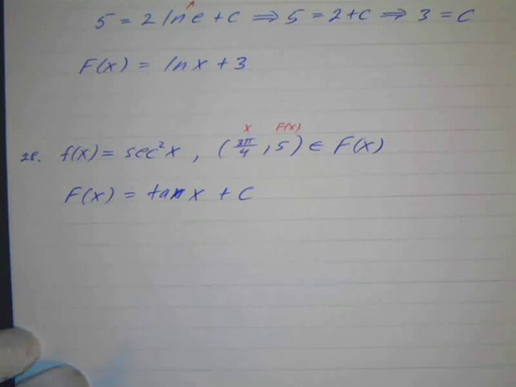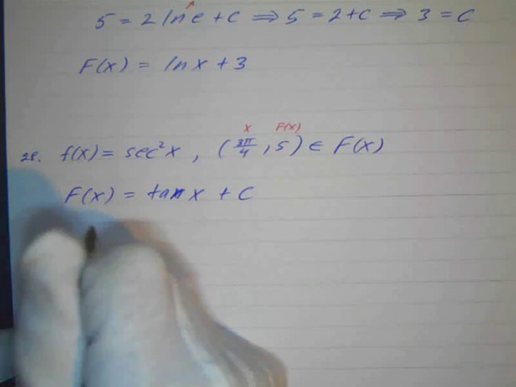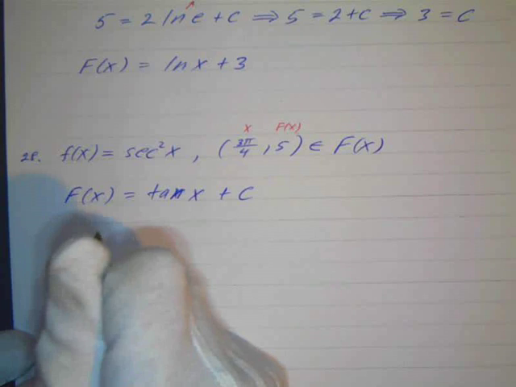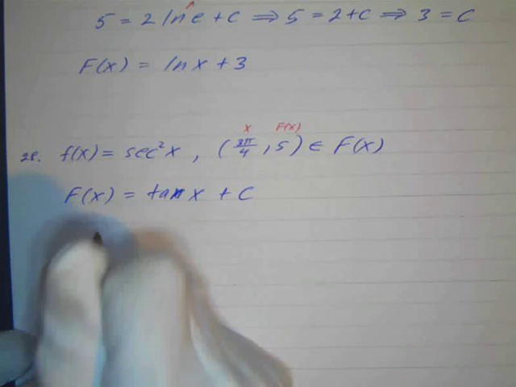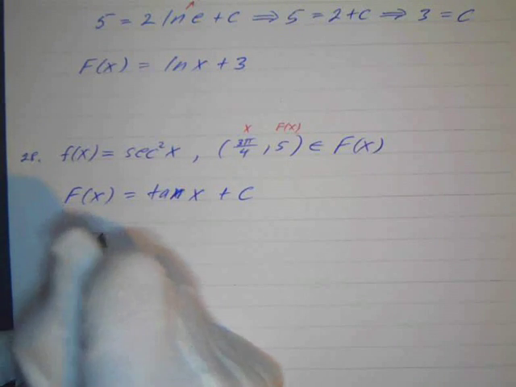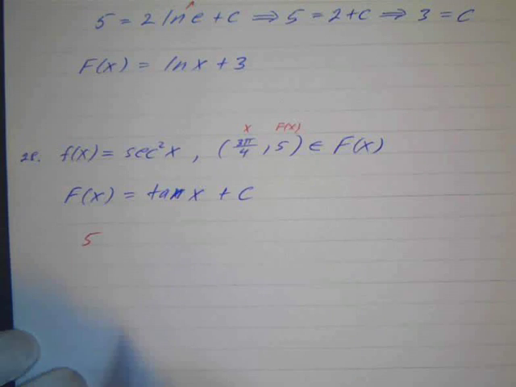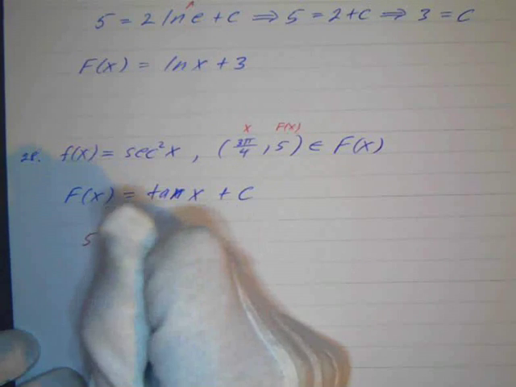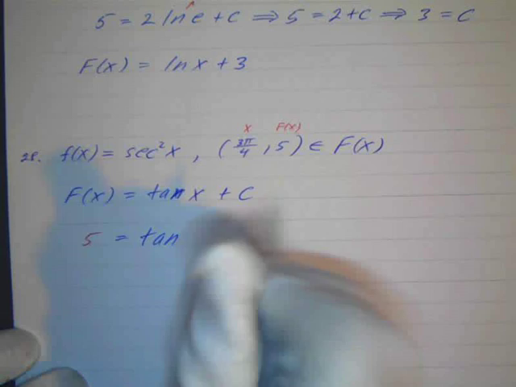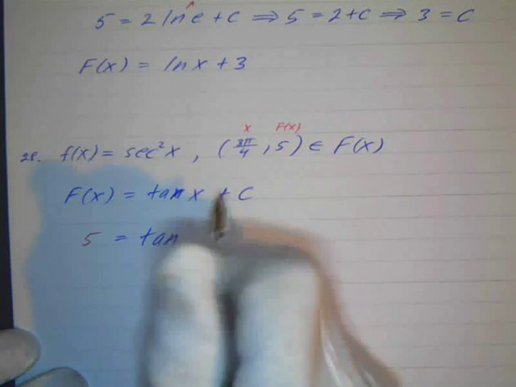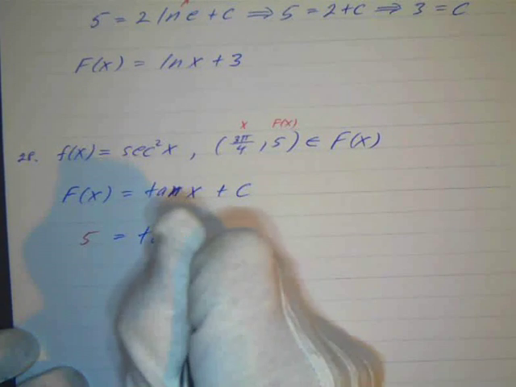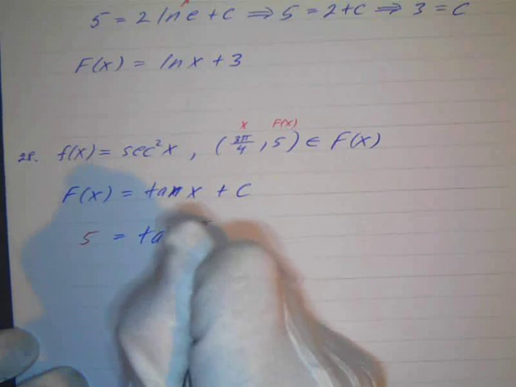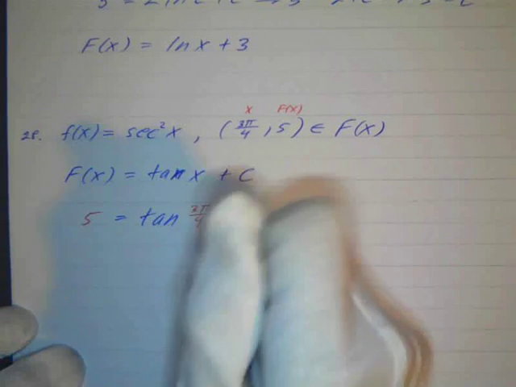All right, and we have a particular value, so we know what f of x is 5. So capital F of x is 5. Then the tangent of x, and x will be 3 pi over 4, plus c.